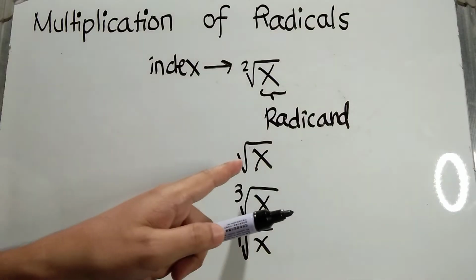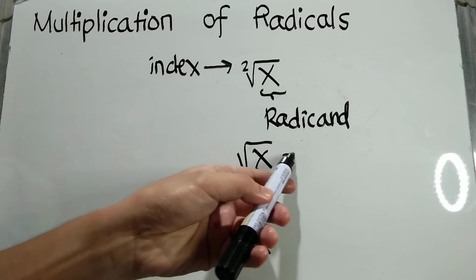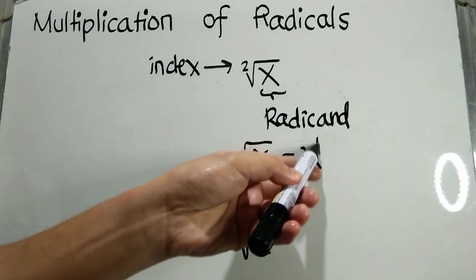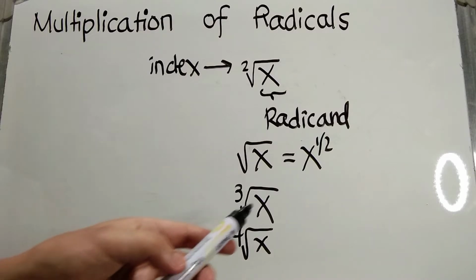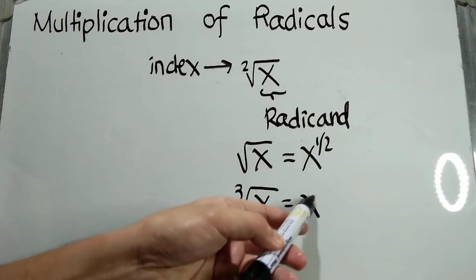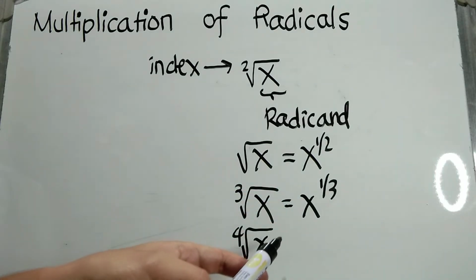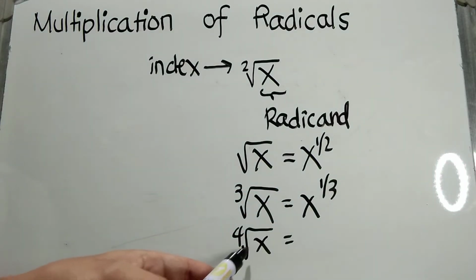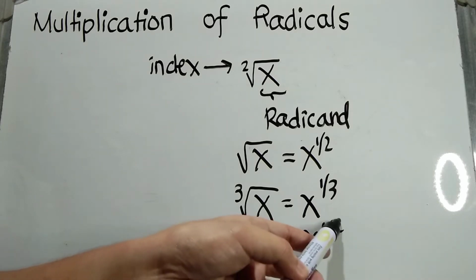Now we know that when you say square root of x, this is equal to an exponential expression, x raised to the power of 1/2. And so if you have here the cube root of x, your x here is raised to the power of 1/3. And the fourth root of x is x raised to the power of 1/4.